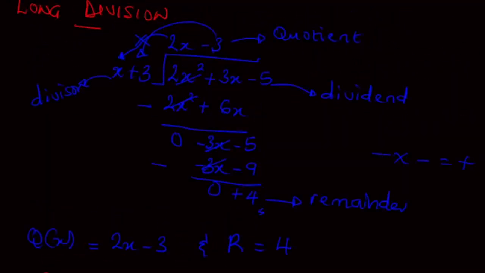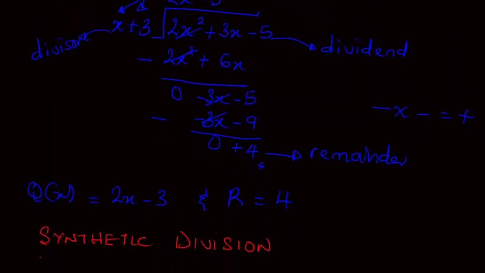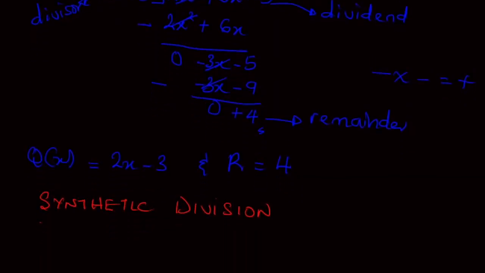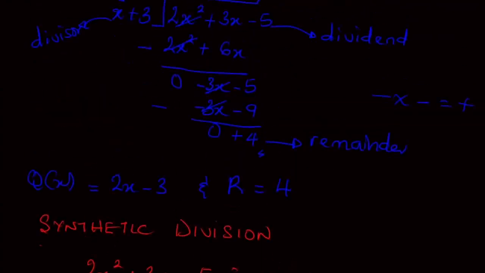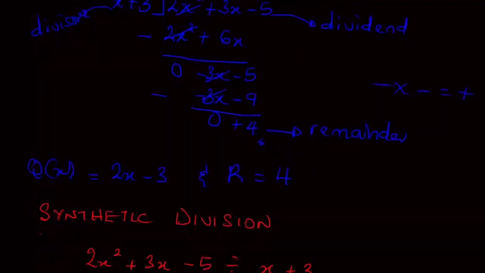We have 2x squared plus 3x minus 5 divided by x plus 3, if I'm not mistaken. Alright, we are good to go.